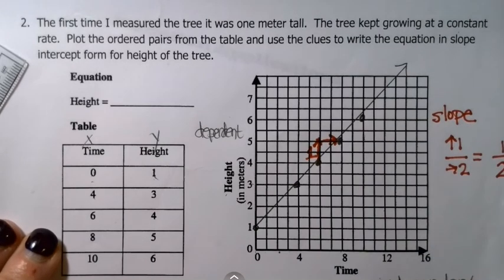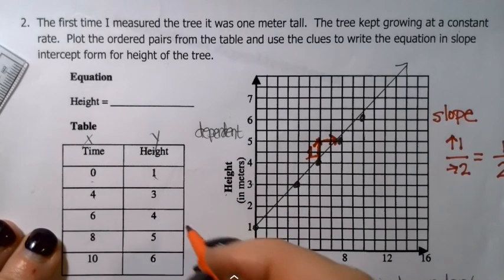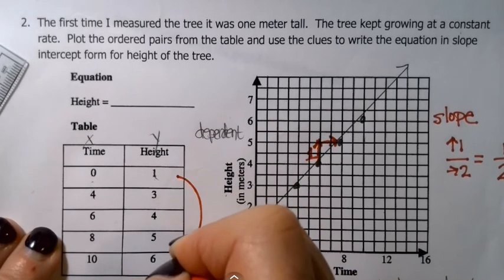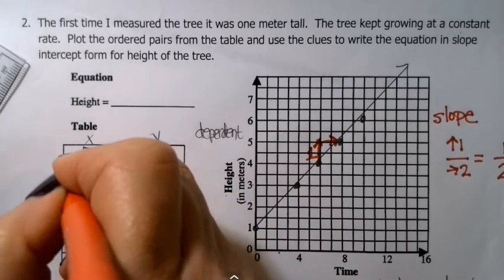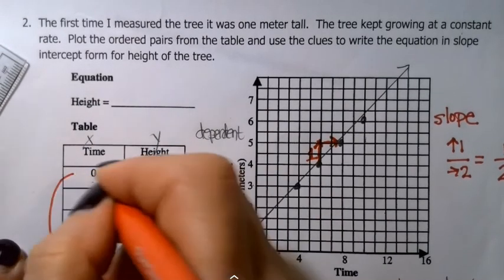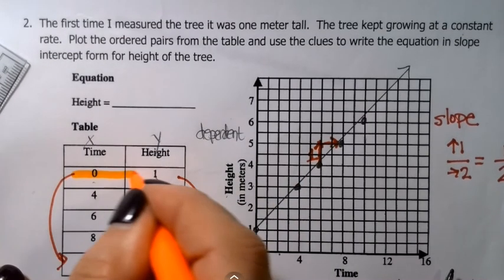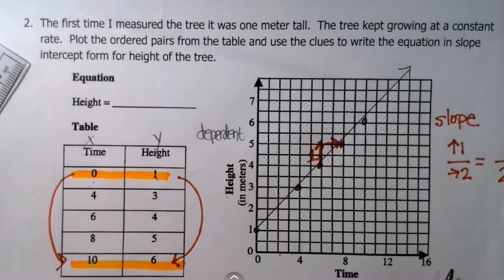You can get that same information right here from your table. Pick any 2 points that you'd like to go. I'll go from 1 to 6 and 0 to 10. So their partners are lined up. You just want to make sure that if you're picking points whose partners line up.